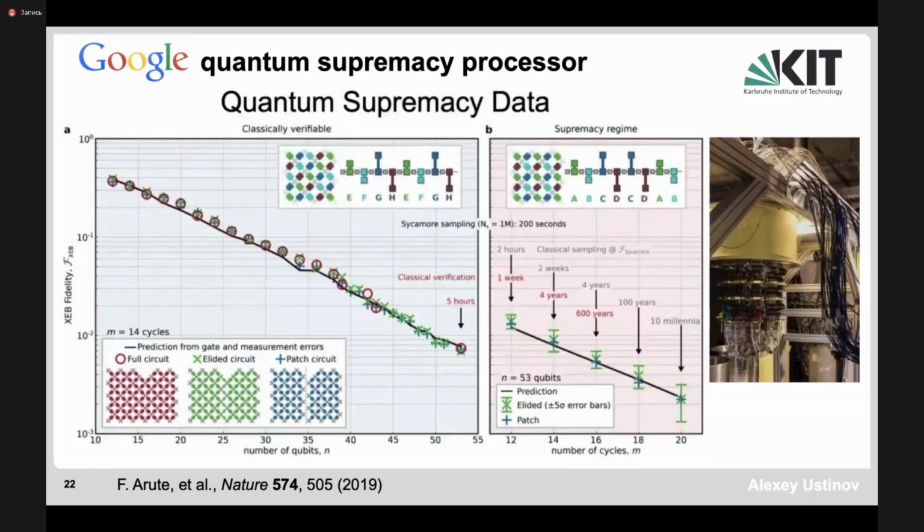Наверное, дальше не буду комментировать: это валидация протокола, полная схема, две половинки и частичная связь. Здесь приведено количество лет на классическом компьютере, которые оценивали по сложности задачи.